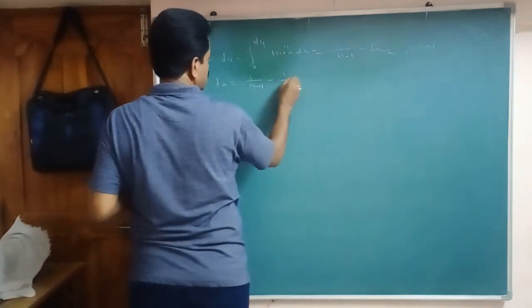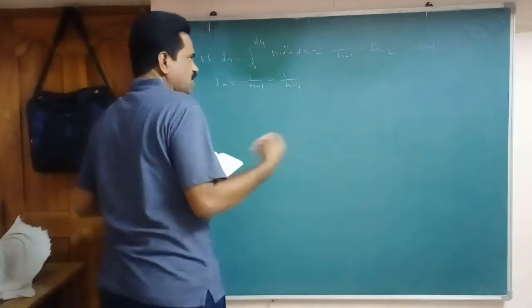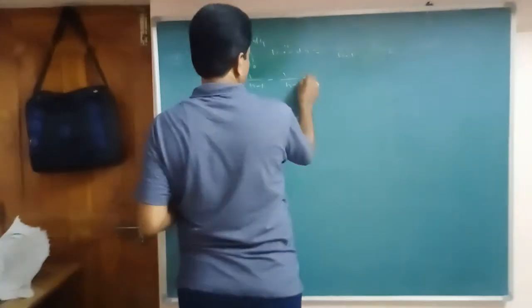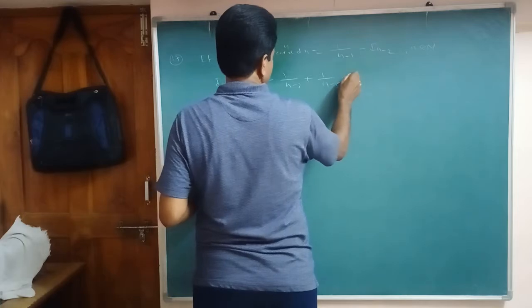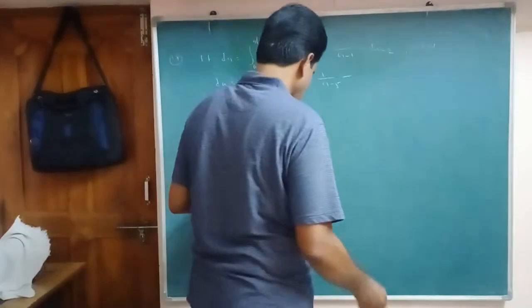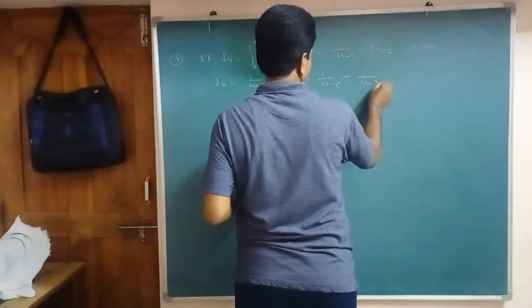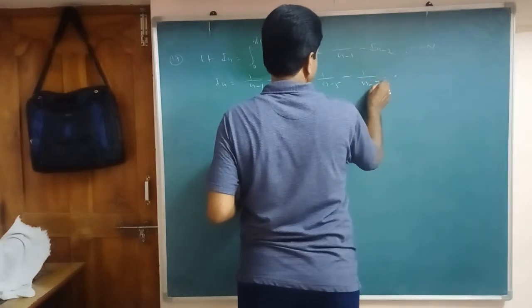Substitute n minus 2, that is n minus 3, next n minus 4 substitute, n minus 5, next n minus 6, 1 by n minus 7, and so on.